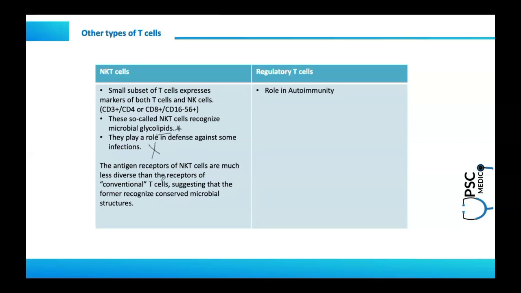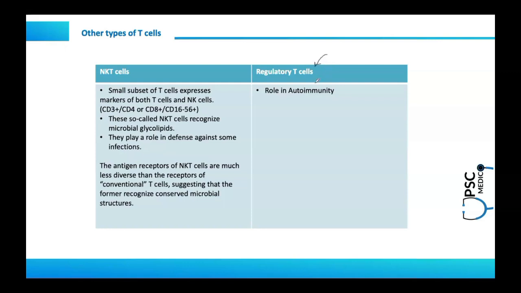What is its function? These NKT cells also recognize microbial glycolipids like T cells, but they can only detect limited antigens, whereas T cells have antigenic diversity. T cells can recognize almost all the foreign antigens, whereas NKT cells have less diverse receptors for identifying.